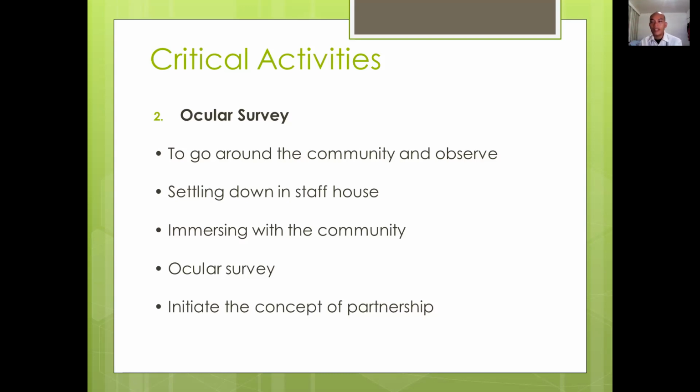Okay, for example, initiate partnership also is when you go around the community and the kagawad will let them know, or the barangay captain will let them know na ito po yung mga student nurses natin from UC. Okay, so they will know that you are authorized by the barangay captain to be there.